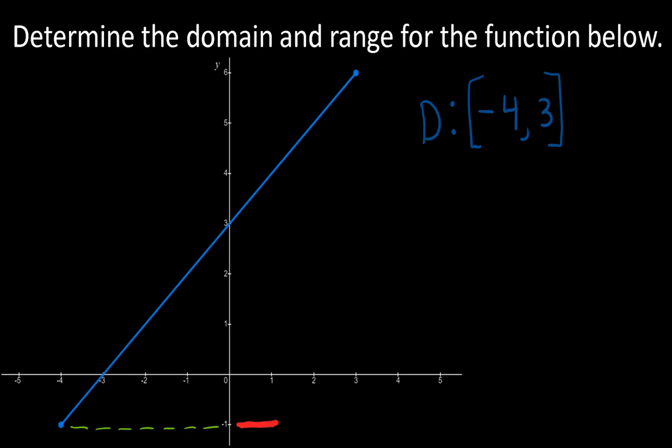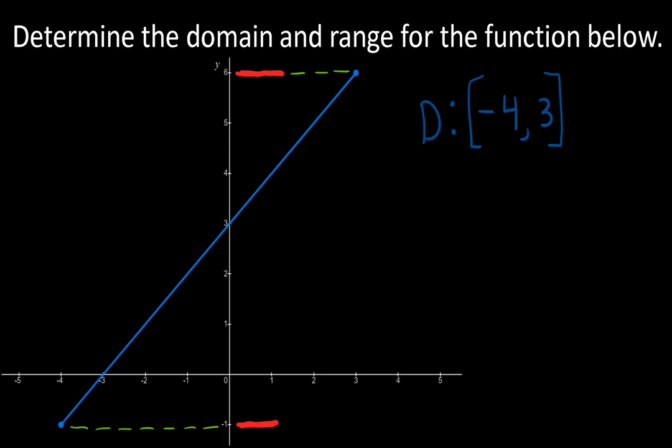Now let's find the highest point on the graph. The highest point on the graph seems to be at a height of +6. So upon initial inspection, that leads me to believe that my range is from -1 to +6 inclusive.